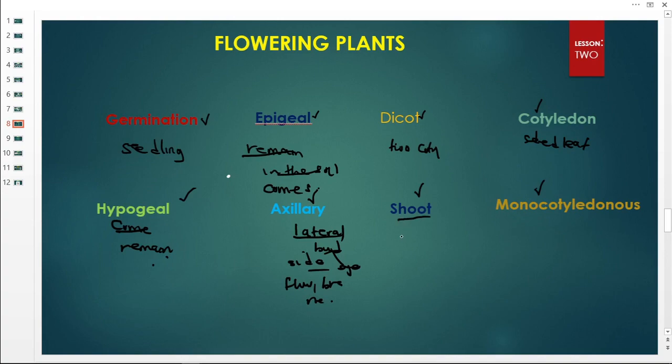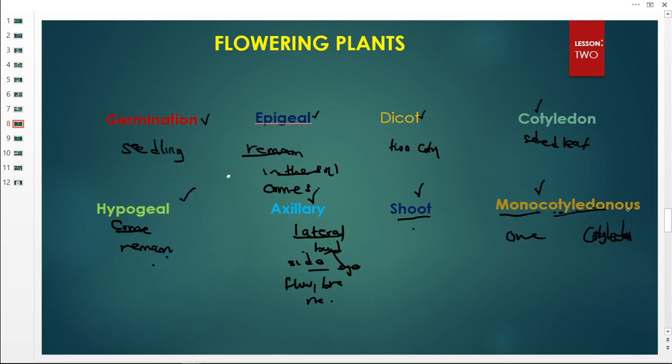Then shoot is a system of a flowering plant, the shoot system. Then monocotyledonous means seeds with only 1 cotyledon, because mono means 1 and cotyledonous comes from the word cotyledon. So these are the plants whose seeds have only 1 cotyledon.